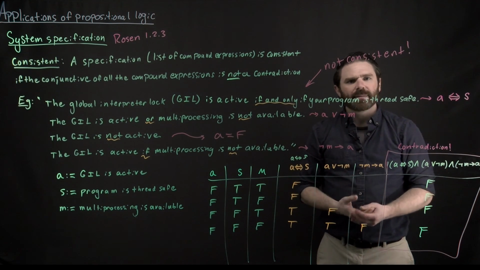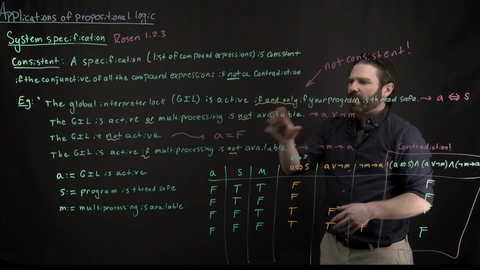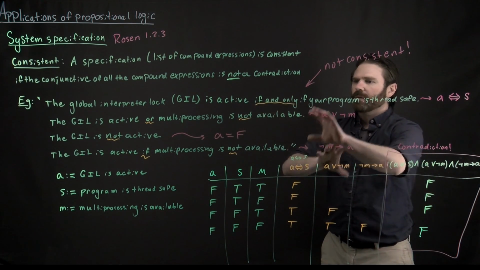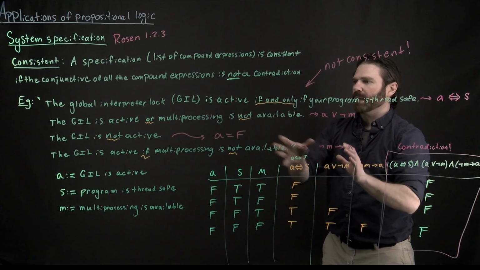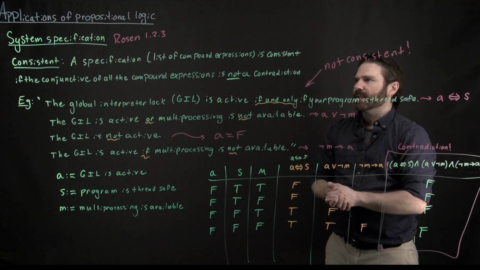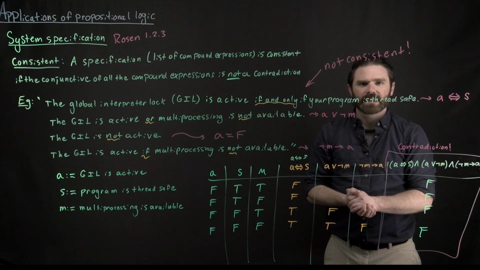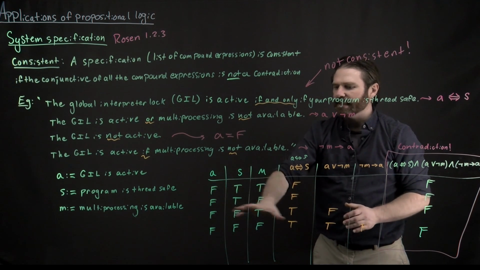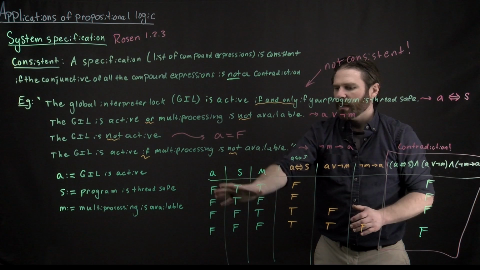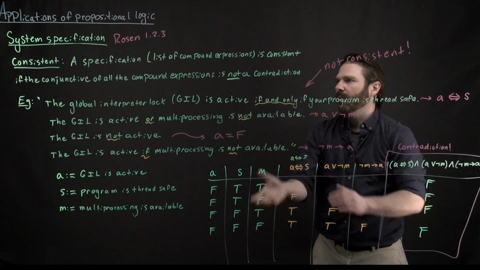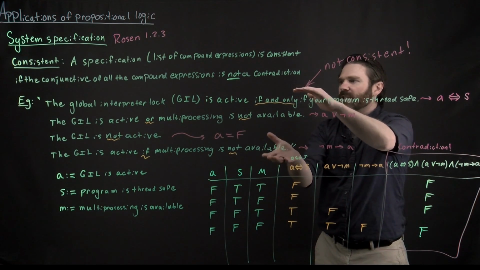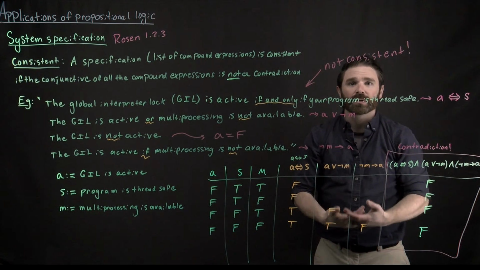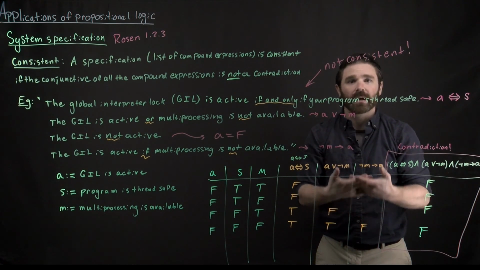And if it's not consistent, you might have to go back to the drawing board, drop a few features, relax a few conditions, move a few different things around, etc. But it can be very useful when designing very large, complicated pieces of software or hardware to make sure that there's at least some combination of these variables that will make sure that your list of specifications can actually be satisfied. You can actually write code or design hardware that will satisfy all of them.